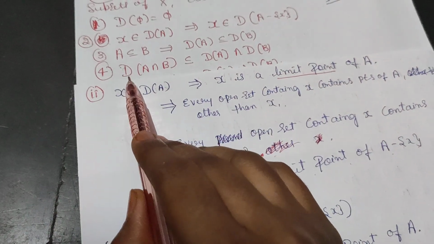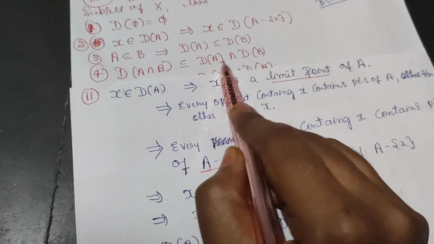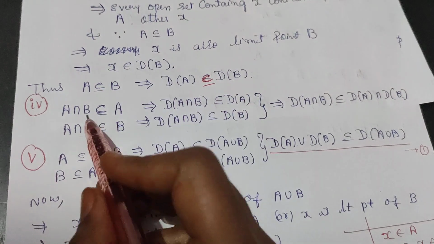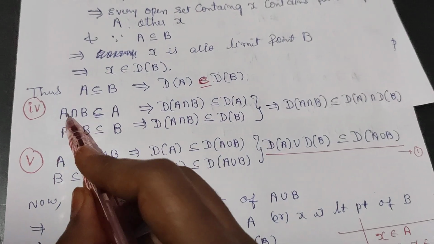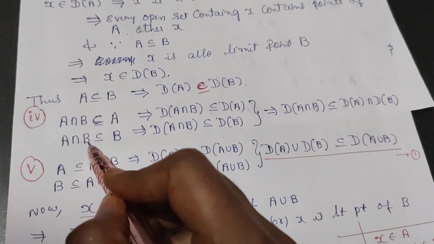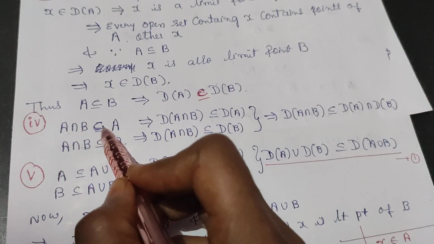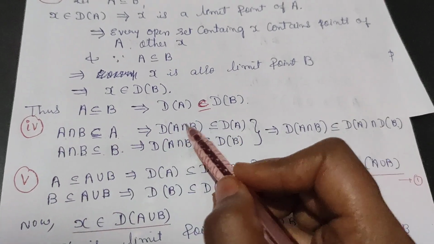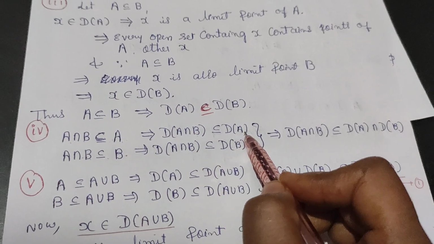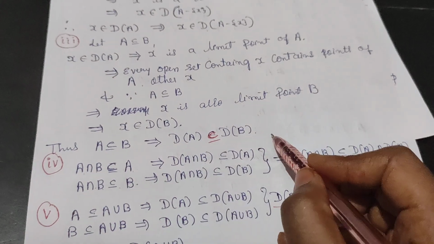Fourth one, we have to prove that D of A intersection B is contained in D of A intersection D of B. We know that A intersection B is always a subset of A and A intersection B is always a subset of B. So here A intersection B subset of A implies D of A intersection B subset of D of A, by the above result from 3.